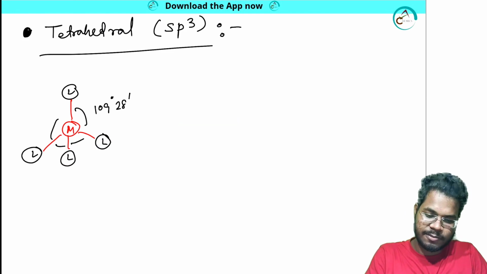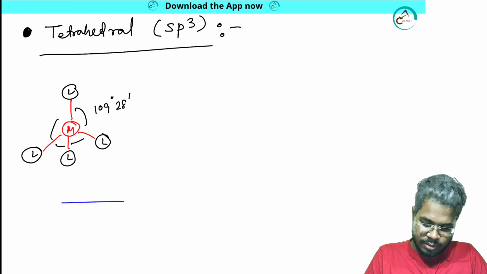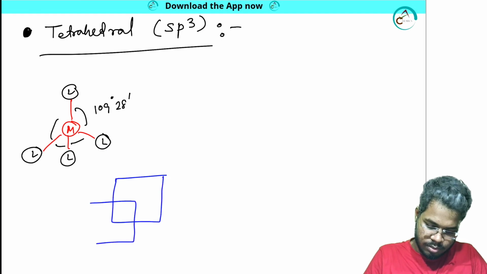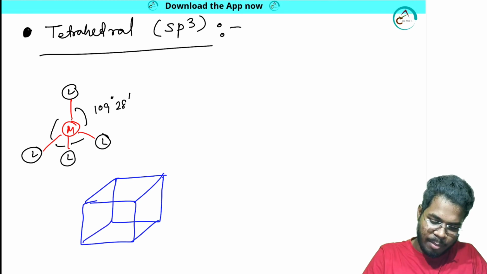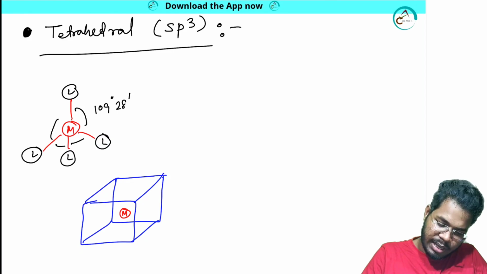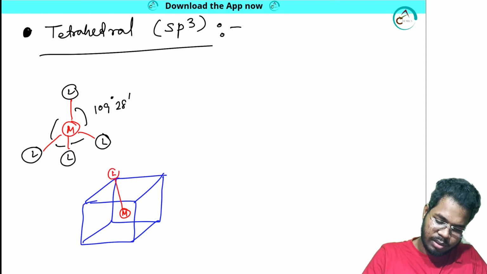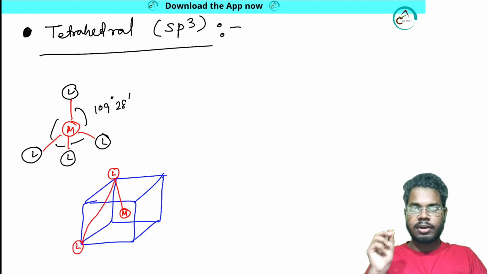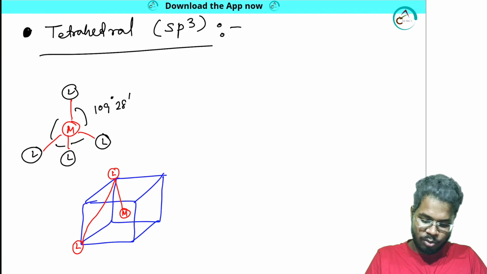So let me draw this first. Take a metal over here, and it is connected to a ligand like this, ligand 1. I am drawing the tetrahedral system. The second ligand will be across from this ligand along the diagonal.